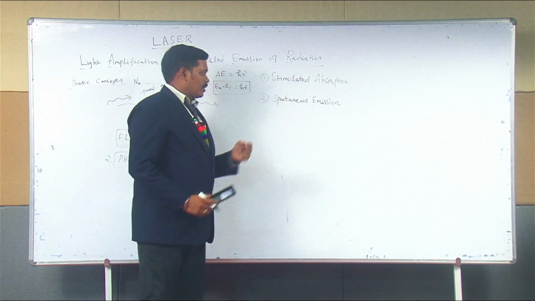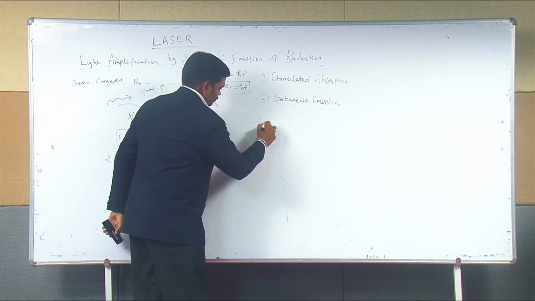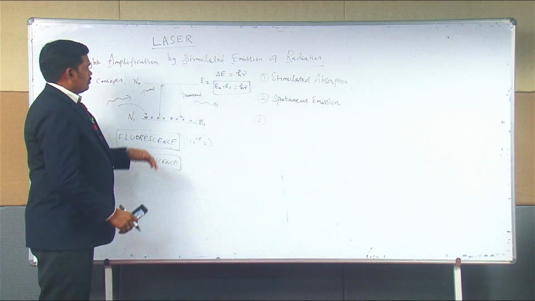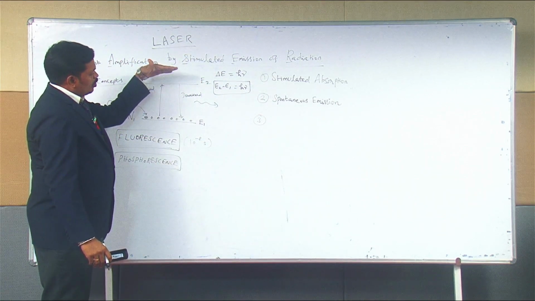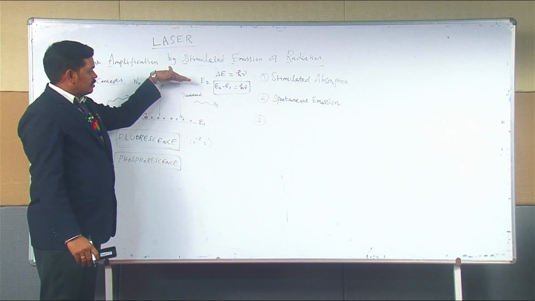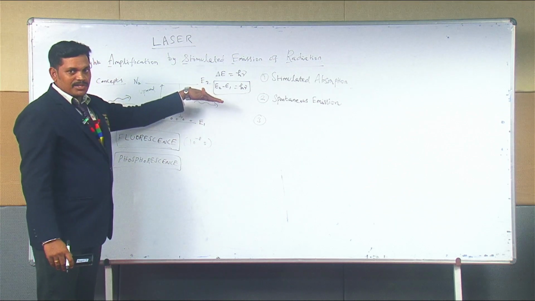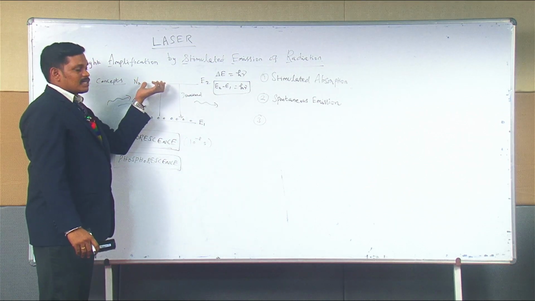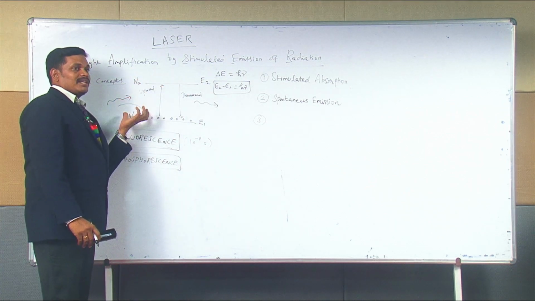then we can say spontaneous emission. Then the third process: most atoms or molecules can undergo spontaneous emission since they go to the excited state by absorbing external photons, so that they gain more energy.